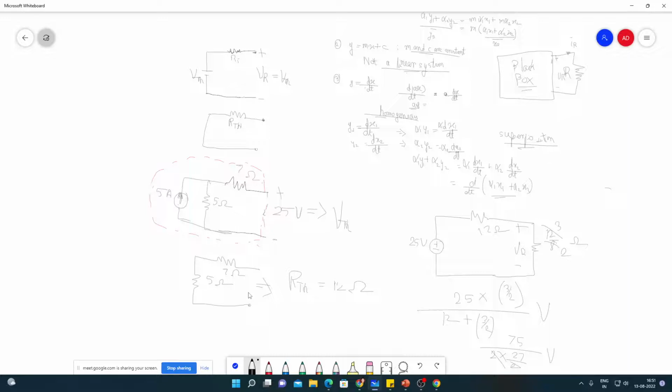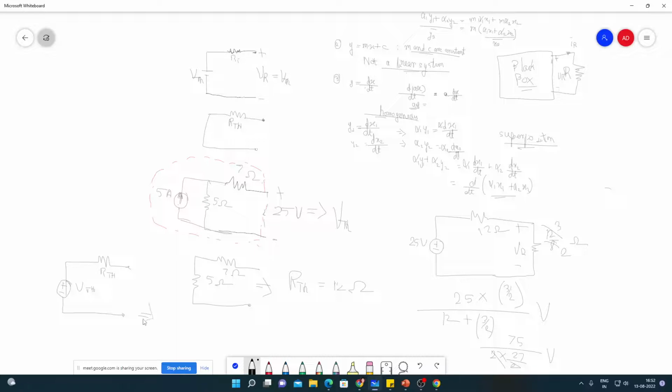Thevenin's theorem says you can represent the black box with a voltage source in series with a Thevenin resistance. Now there is another principle to simplify our calculations, known as source transformation.